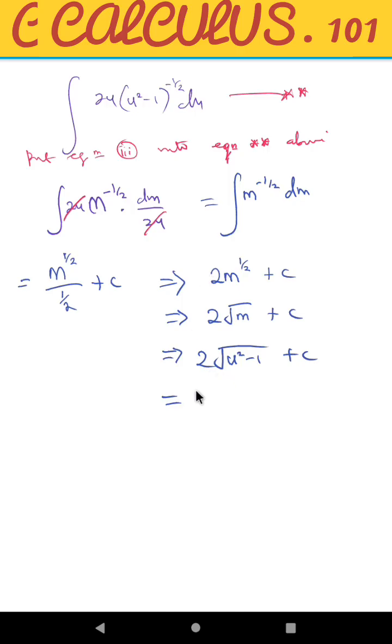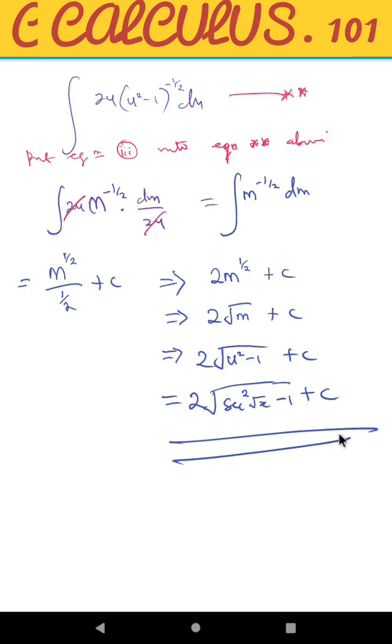So we have 2 times the square root of sec squared root x minus 1 plus C. And this is our answer, and that's absolutely correct.